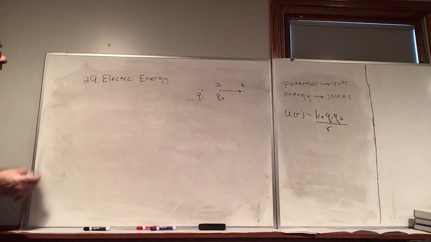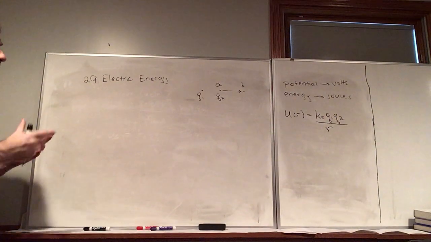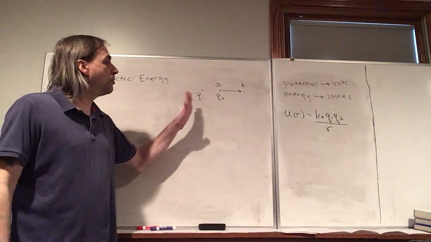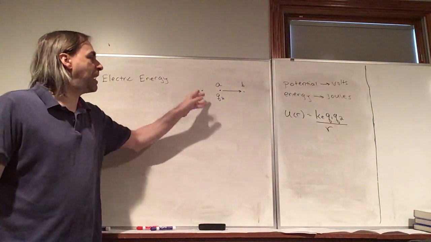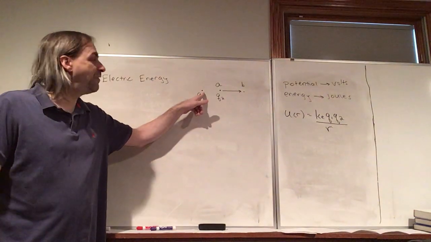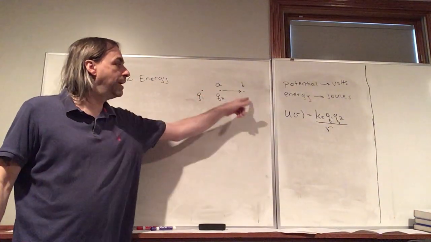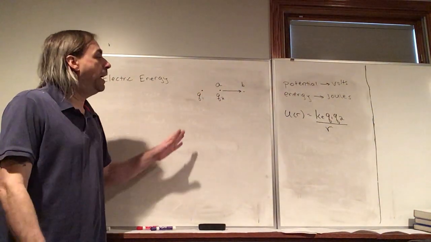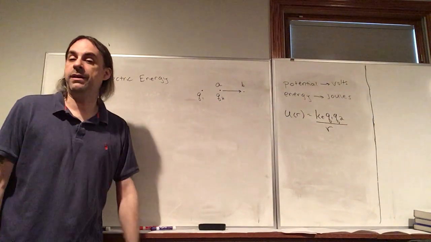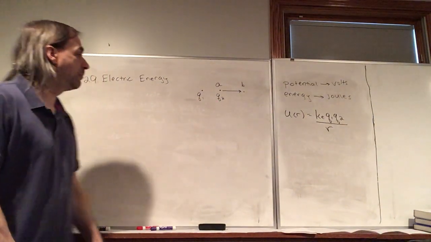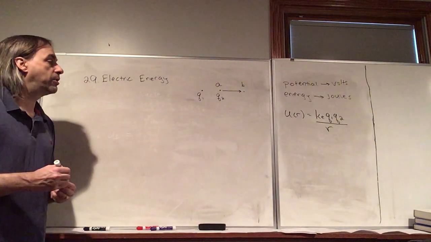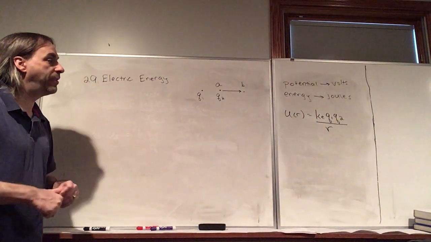Now, that's due to the interaction of these two particles, and before we were looking at, say, this particle as fixed and this particle moving around. So our system in that case was just Q2, and Q1 is some fixed external thing.